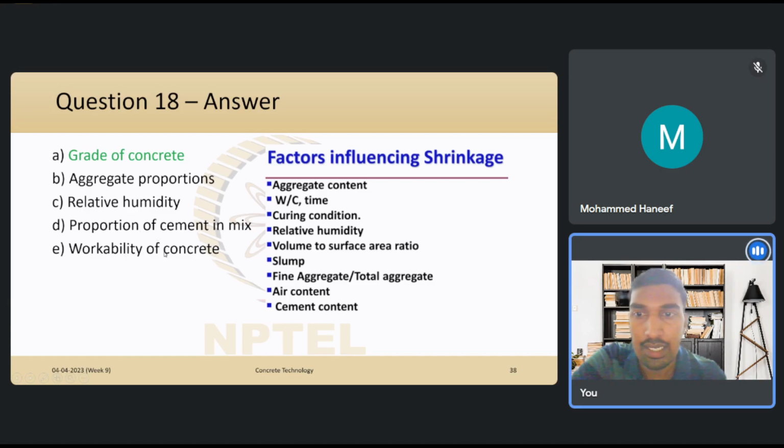And workability in terms of slump, we see that it also affects the shrinkage. So all of these factors have an effect on the shrinkage, but the grade of concrete is not part of the factors affecting shrinkage. It affects the creep, but it's not affecting the shrinkage. So grade of concrete is the right option.